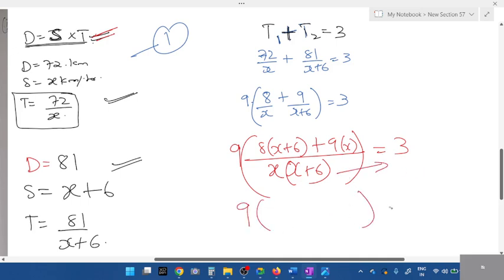This will go to the other side, is equal to 3 into x square plus 6x. Okay, then if you open the bracket, 8x plus 8 6s are 48 plus 9x, students. 9x.